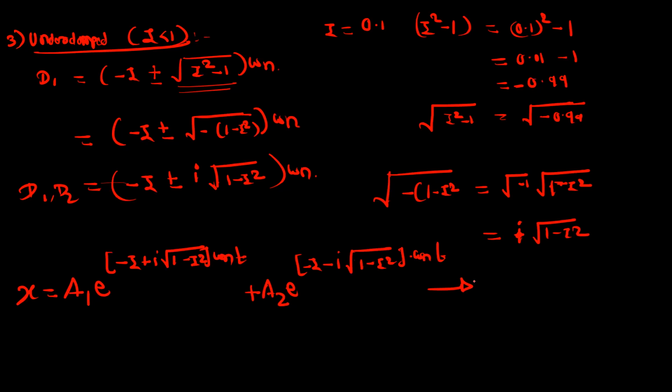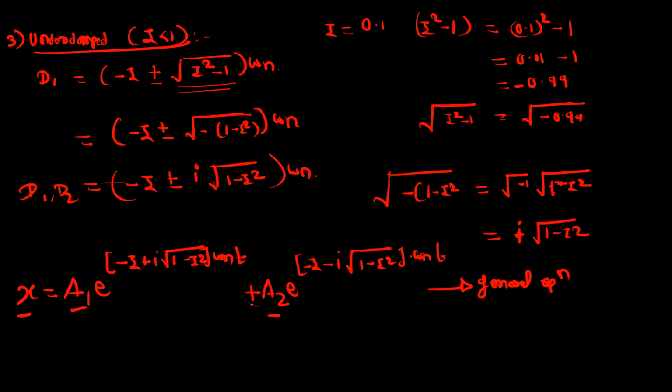So this becomes the general equation for the underdamped system. After this equation, we should use the initial conditions in order to get the exact equation for x by eliminating these constants a1 and a2.